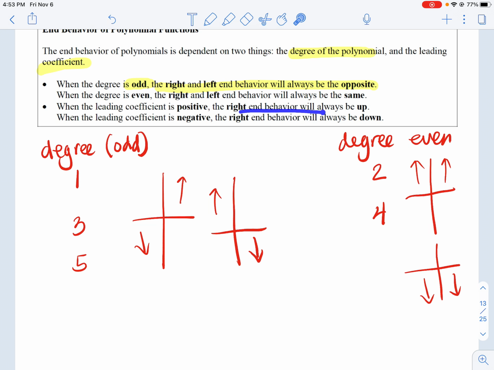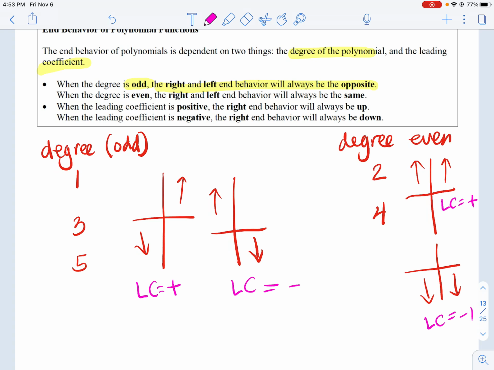So this is when the leading coefficient is positive. Let's change the color. So leading coefficient positive, leading coefficient negative. That tells us that when we know the degree of a polynomial, we know which direction the ends will go.